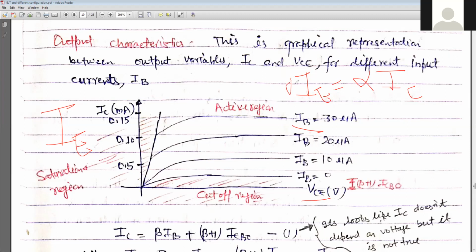You can write it this way, because IE is the bigger current. IE is equal to IB plus IC. Since alpha is nearby 0.95 to 0.98, these both are the same. So instead of IE, I can write IC, and if I write IC, it is nothing but the output characteristic curve of the common emitter configuration.